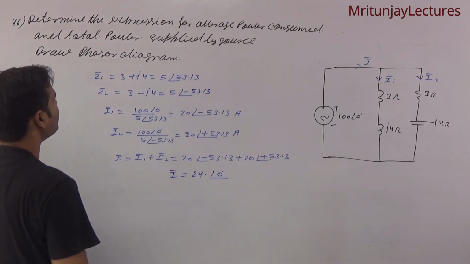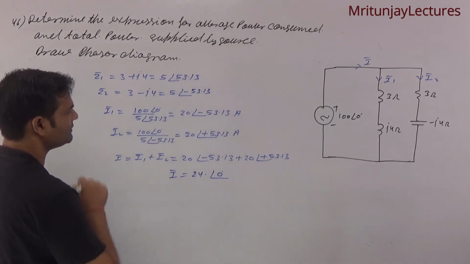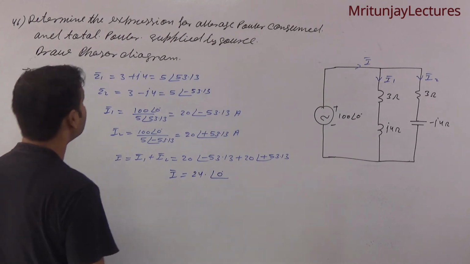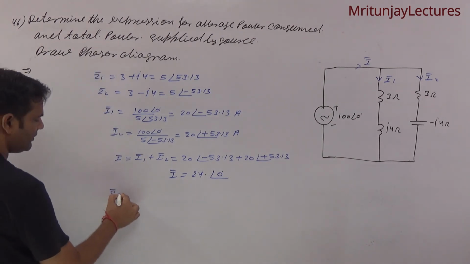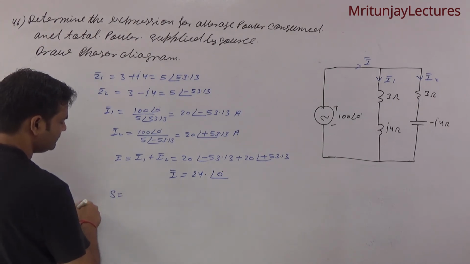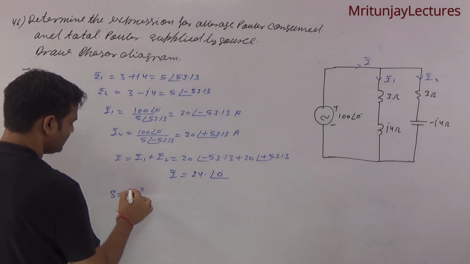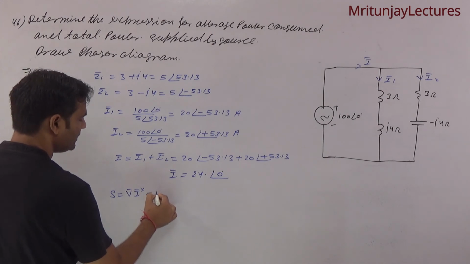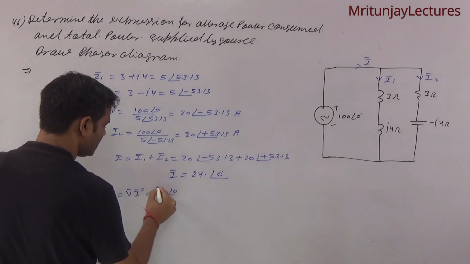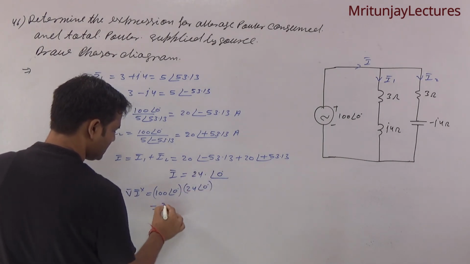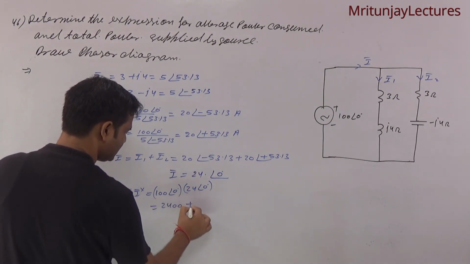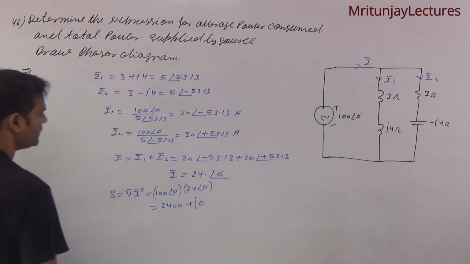Clear? Now next one, that is total current. Our target, total power. Total power is equal to V into I conjugate. What about V? 100 at the angle 0. And what about I conjugate? That is 24 at the angle 0, so 2400 plus j0. Clear?